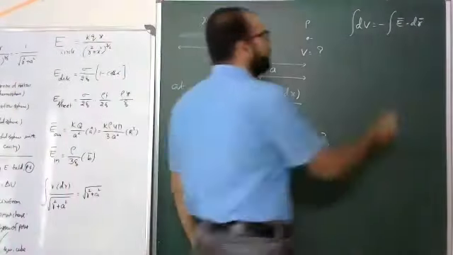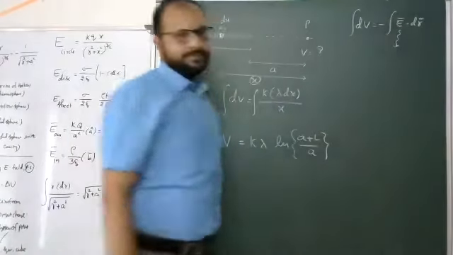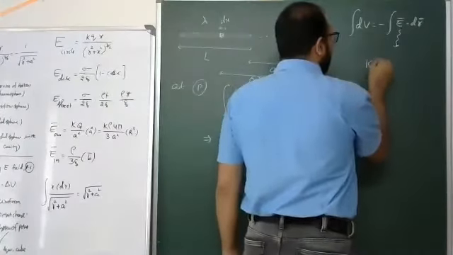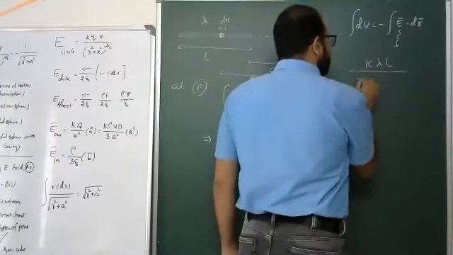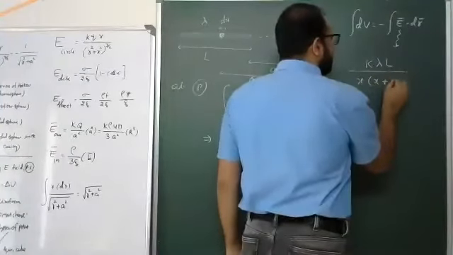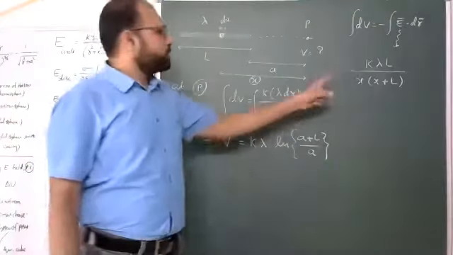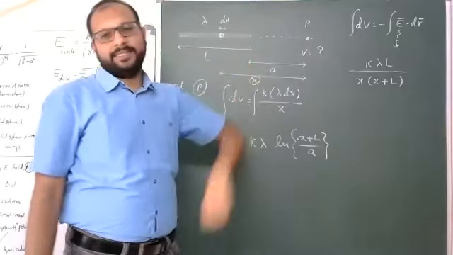In method number one, E at this particular location, already we know, is K lambda L divided by x into x plus L. Here x means the distance from the nearest end to some other point.